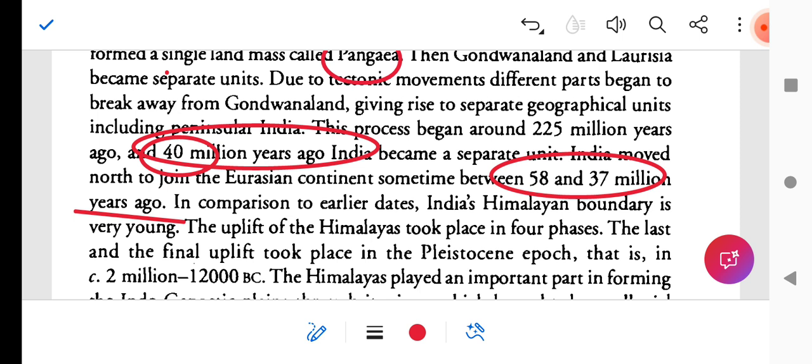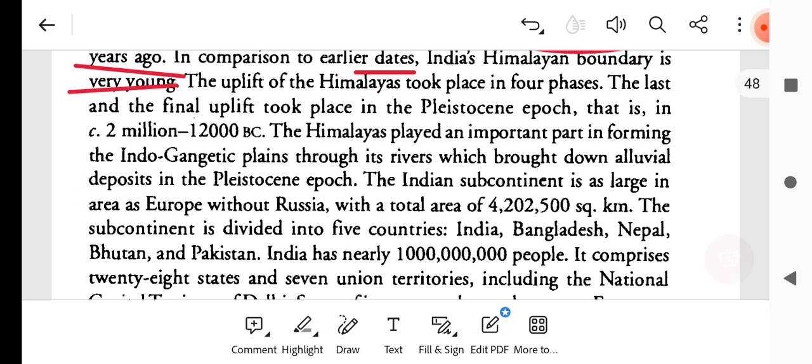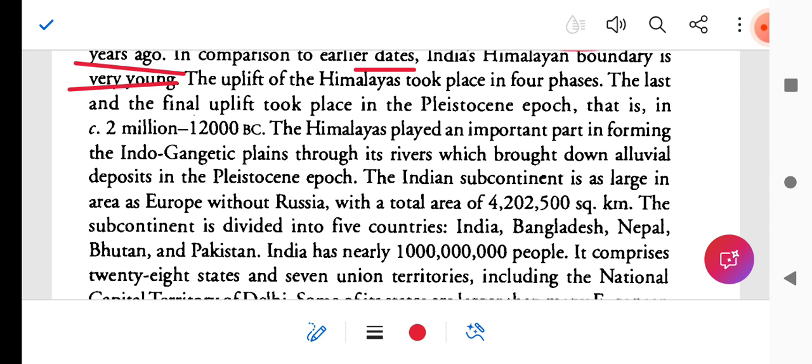Between these two time periods, you should remember. In comparison to earlier dates, India's Himalayan boundary is very young. The uplift of the Himalayas took place in four phases, which are most important from the prelims perspective.